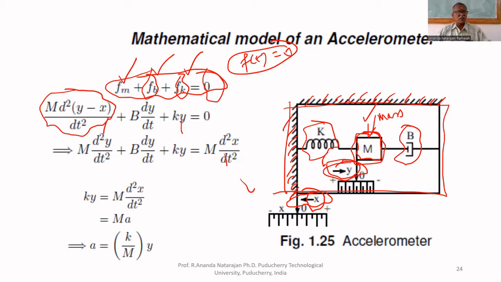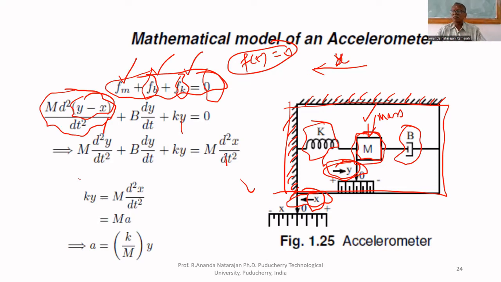For spring and dashpot, we have seen that if they are in the same direction, the deflection is x1 minus x2. For the dashpot also, the displacement is x1 minus x2. But here we wrote y minus x. Why? You see that the box is moving in this direction. This mass M also moves in this direction by x, since it is attached to that box.